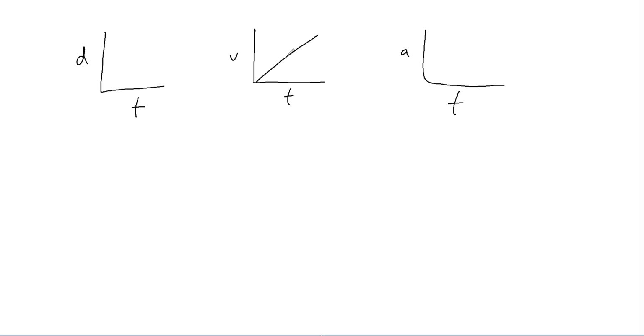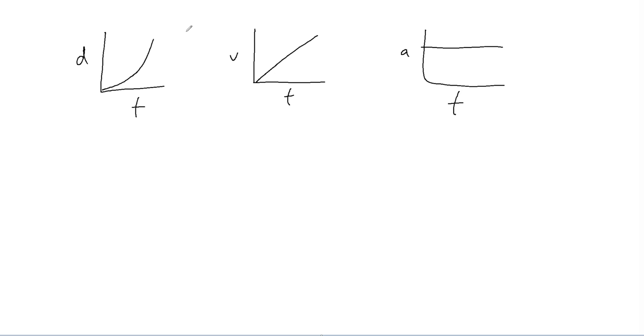And if the VT graph was a line that looks like this, the V is changing, the DT graph would look something like this, and the AT graph, the V, constant slope, would look something like this. Okay, so when you were working with this type of stuff last year, of course, the slope in a DT graph gives you your V, the slope in the VT graph gives you your A.